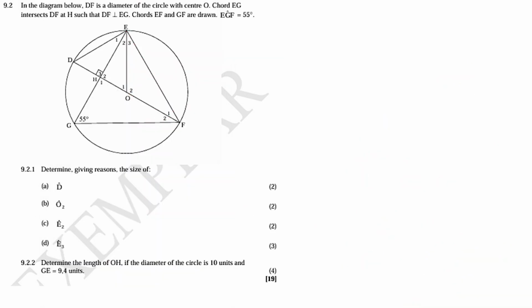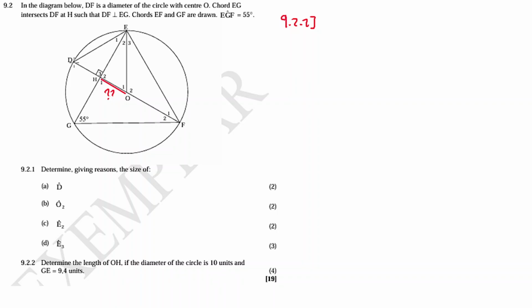Okay, so 9.2.2: determine the length of OH. Where's OH? They want us to find the length of OH. We are given that the diameter of the circle is 10 units.